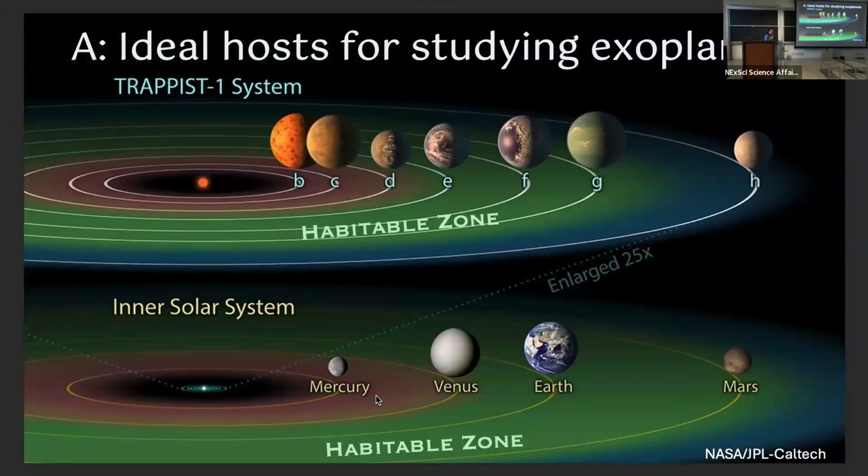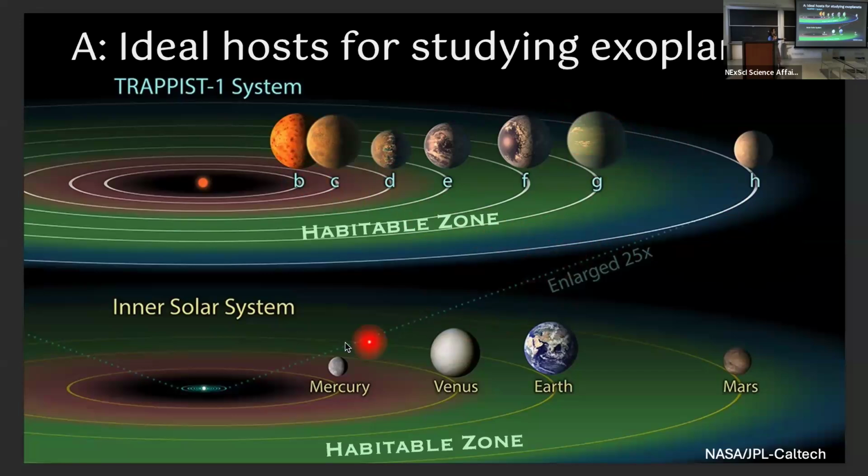The one final thing to highlight about what makes M dwarfs special is that because they're so faint, their habitable zone is so much closer to their star than it is for sun-like stars. TRAPPIST-1 is our favorite late type M dwarf, or at least my favorite. You can make your own decision. This is a system with a series of small rocky planets, some of which are in the habitable zone of their star.